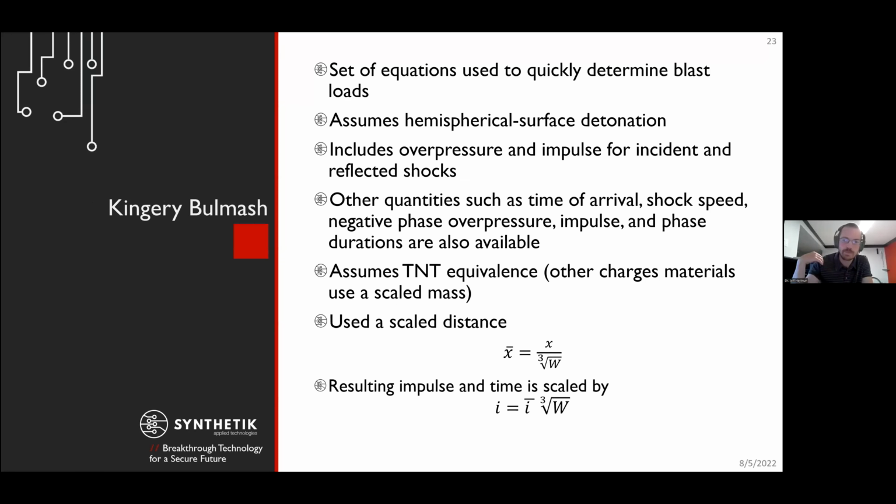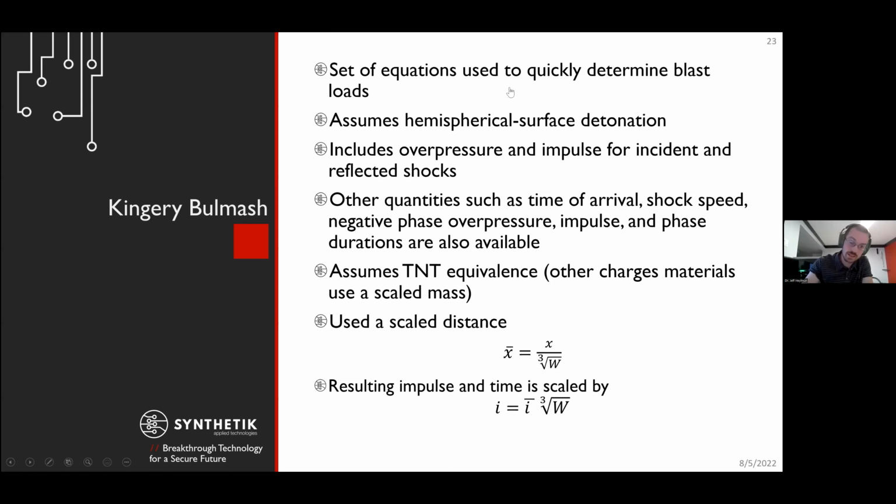So they assume a hemispherical surface detonation. And basically it allows you to find things like overpressure and impulse for both incident and reflected shocks. And then it also has a bunch of other things you can find, time of arrival, shock speed, negative phase overpressure, negative phase impulse, and then you also have positive and negative phase durations.